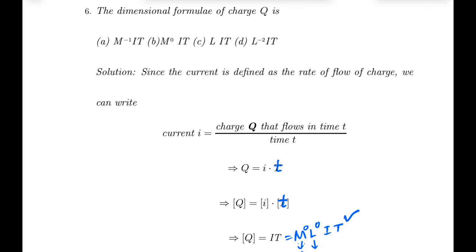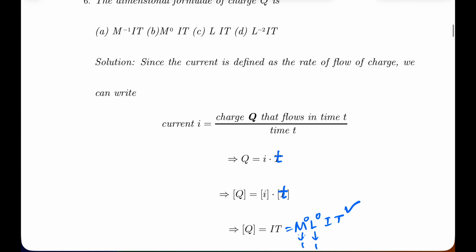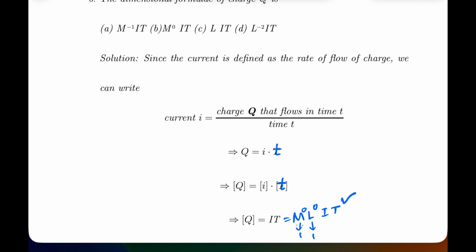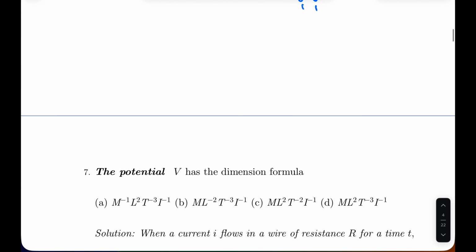For I, the dimensional formula for current is I, and for time it is capital T. So the dimensional formula for charge is I into T. Since M to the power 0 is 1 and L to the power 0 is 1, we can also write the dimensional formula for Q equal to IT, and this is also equal to M to the power 0 L to the power 0 I into T.